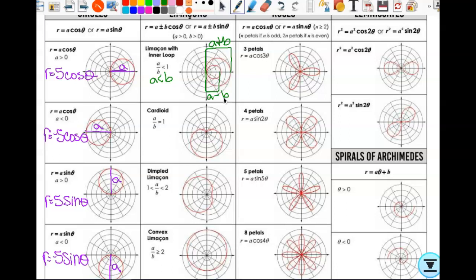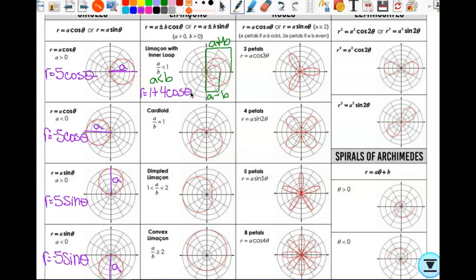For this particular graph, this is r equals 1 plus 4, and then we're on the positive x-axis, so that's going to be cosine theta. Everybody okay with that? The big loop, this is a plus b.